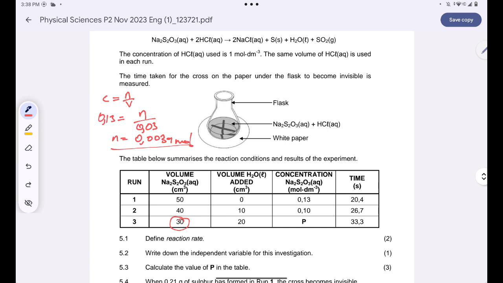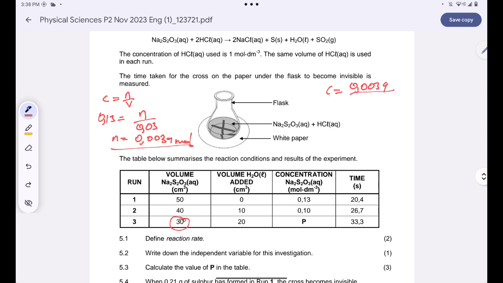And then I had this number of moles, and then they diluted my sodium thiosulfate. Whenever they dilute it, my concentration will go down. It will decrease. Are you together? But the number of moles are still there. So now I just want the new concentration after the dilution of my sodium thiosulfate. The number of moles is 0.0039.